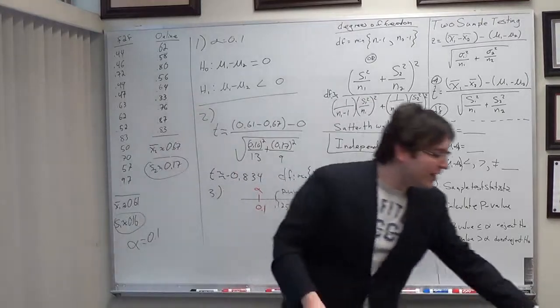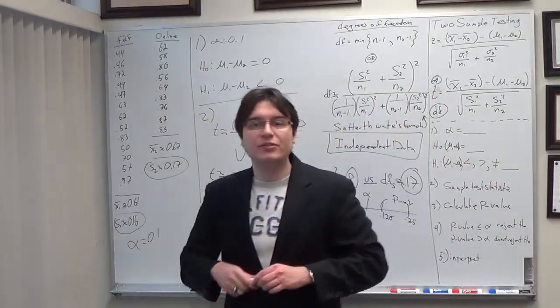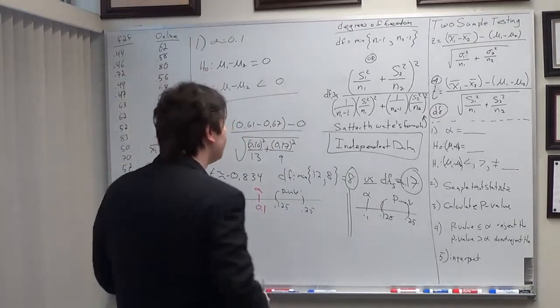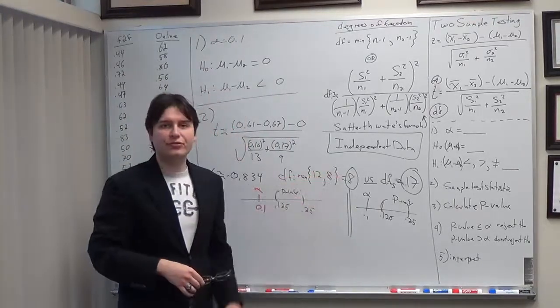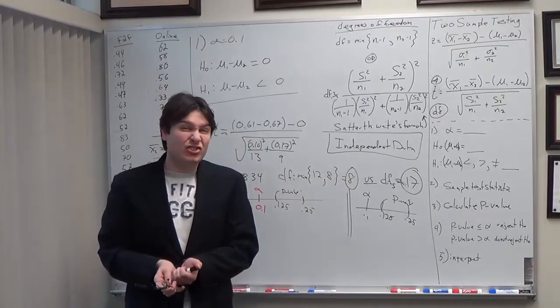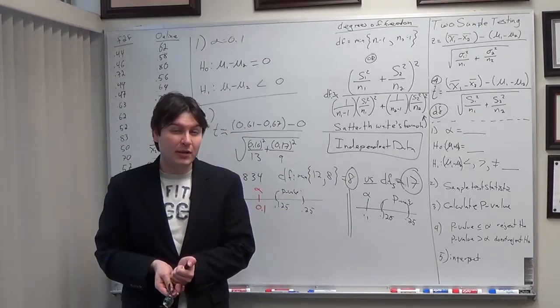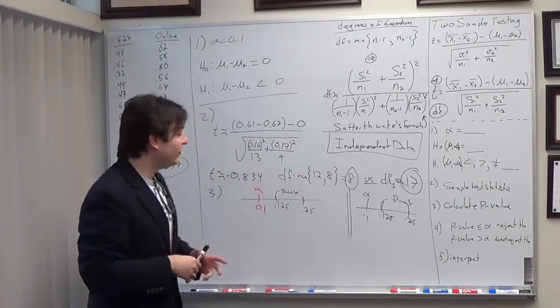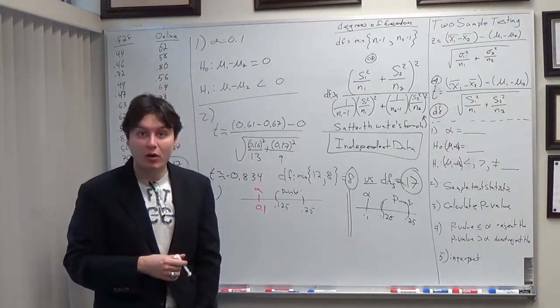So you can have some confidence that for most of the intro kind of calculations that we do, minor differences in degrees of freedom probably aren't going to change our decision all that much. We're going to make the same call either way.